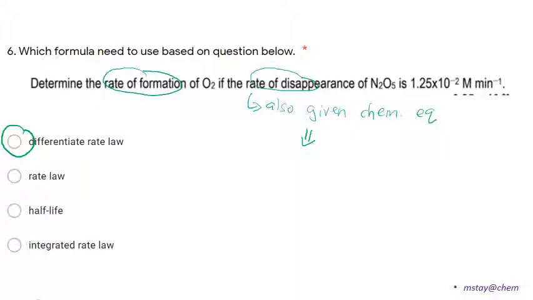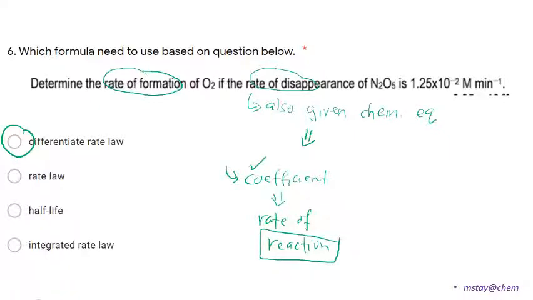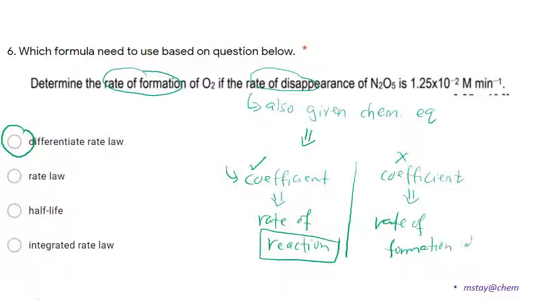Just again to remind, if the term is with coefficient, it means that it refers to rate of reaction. If it is without coefficient, basically it will refer to rate of formation or disappearance based on the substance.